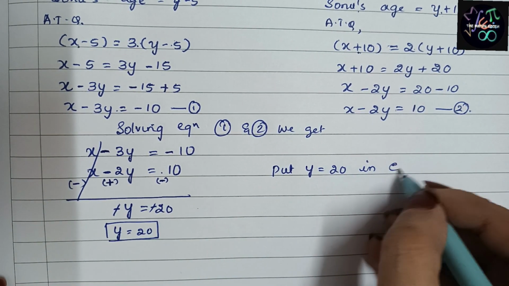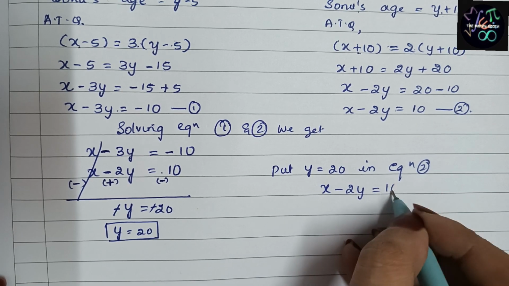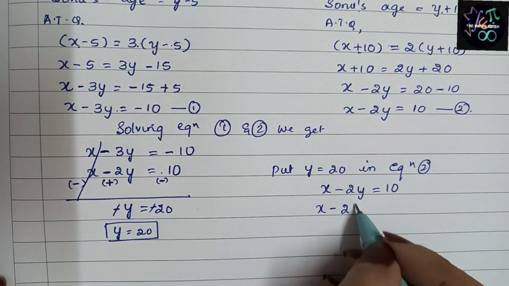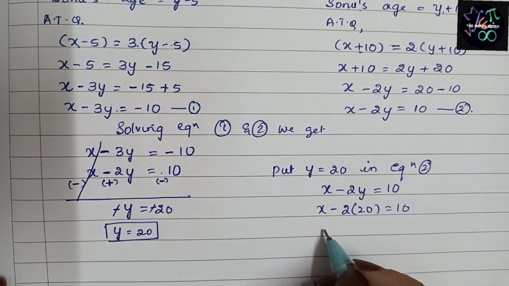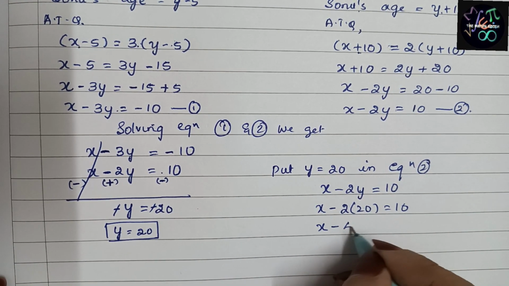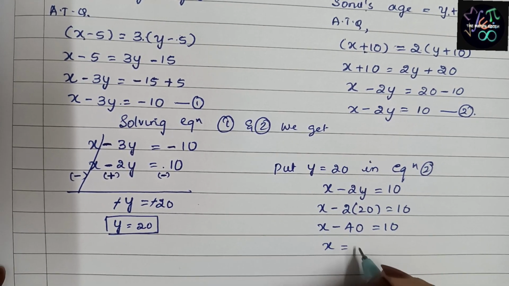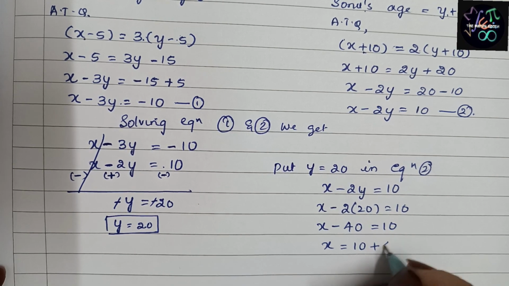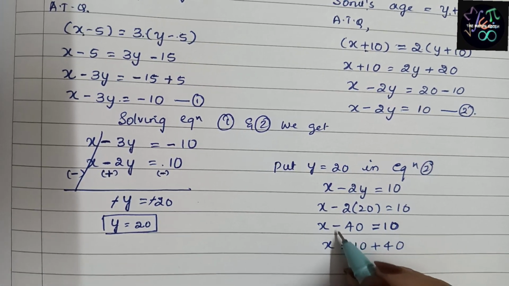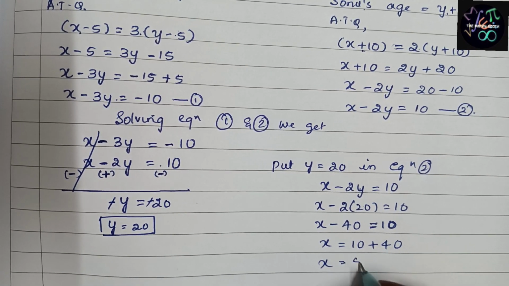I'll take equation 2. x minus 2y is equal to 10. x as it is, minus 2 also as it is, y value what we got, 20, is equal to 10. x minus 2 times 20, that is 40, is equal to 10. x is equal to 10 minus 40. If I bring here, plus 40. Always what is there after equal to, keep as it is. Then we should bring this number this side and change the sign. x is equal to 40 plus 10, 50.